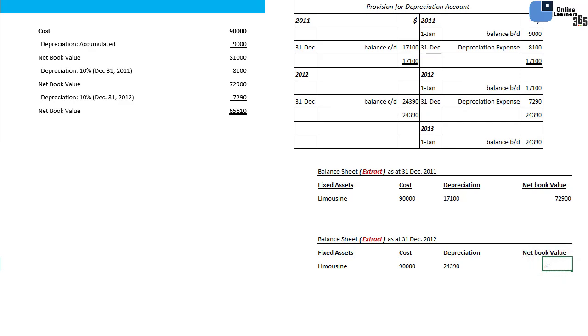And again, the net book value is equal to the cost minus the balance on depreciation in the balance sheet, and that would give us a total of 65,610. Again, we saw that when we were calculating depreciation expense earlier on, after you subtracted all the depreciation, you ended up with that same figure.